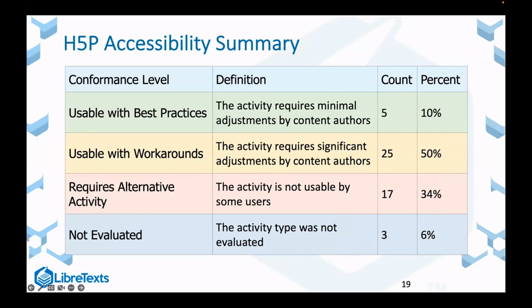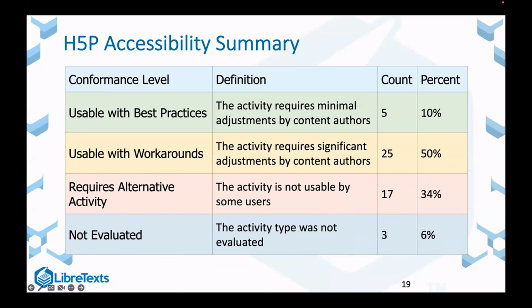So in conjunction with the Academic Senate for the California Community Colleges, the ASCCC, we did some testing, and rather than rate the H5P activities based on full conformance, as we would for our own products, because we don't control the functionality, rather than supports, for example, we rated H5P activities as to whether they would be usable with best practices, because we can't guarantee that any of the H5P activities will be fully accessible.